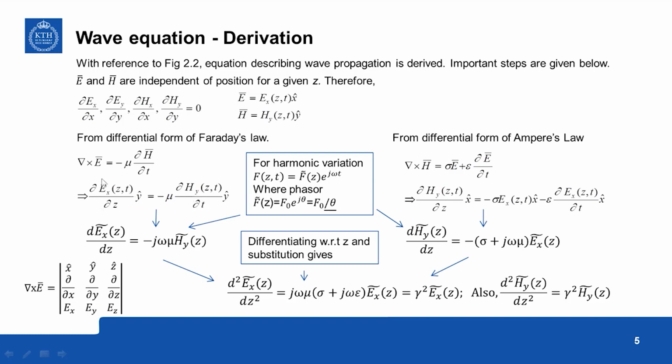That is, curl of E equals the negative rate of change of magnetic flux density with respect to time, simplified like this. Here the spatial variation is with respect to z. So as the wave is moving forward in the z direction, vector E can change.